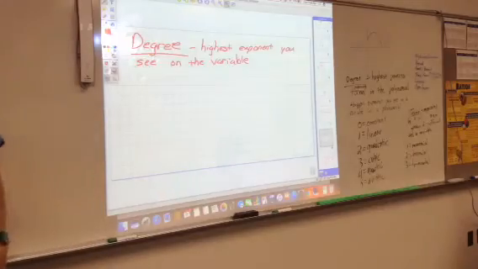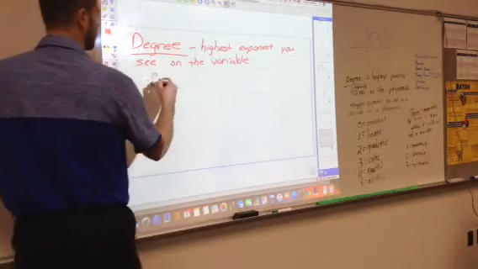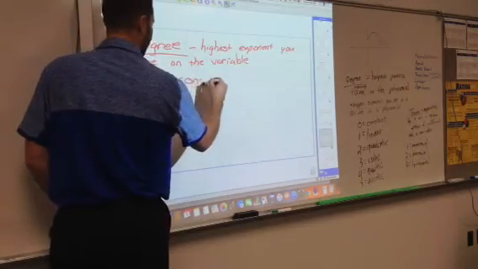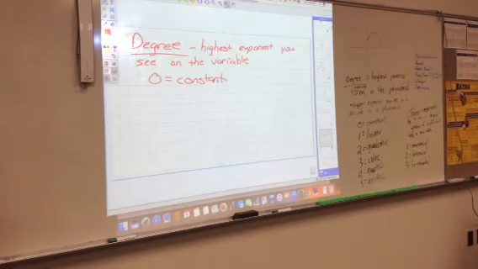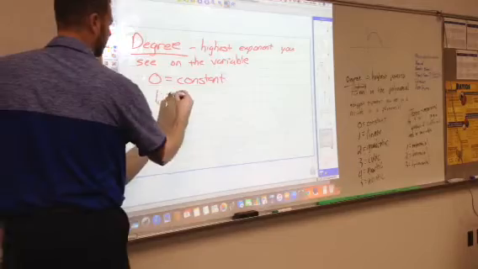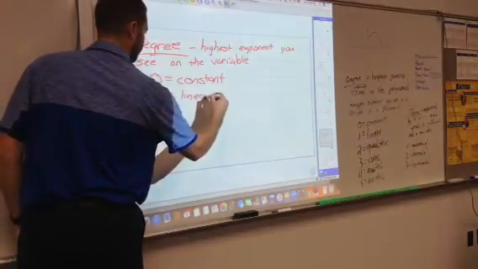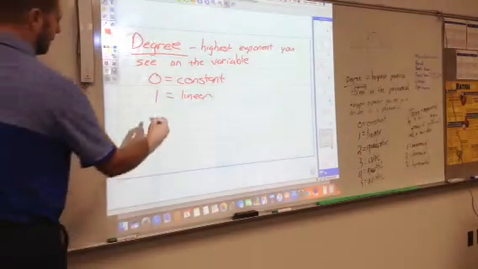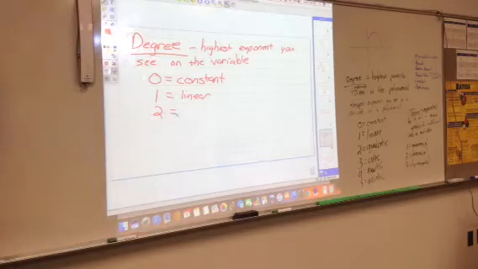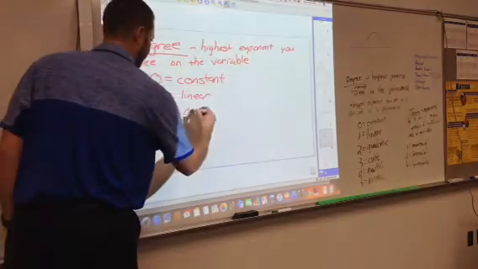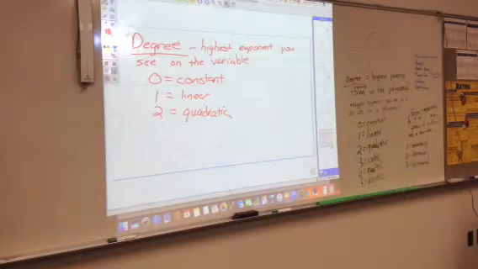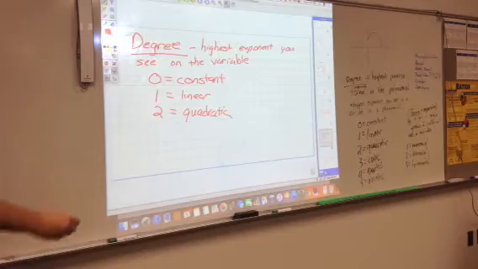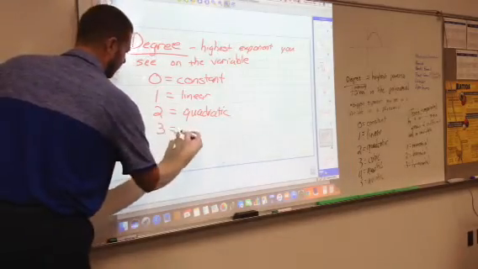Okay, now they have names. If the degree is 0, we call it a constant. If the degree is 1, we call it linear. If the degree is 2, like all the questions on your test, we call it quadratic. Couple more, just for fun.